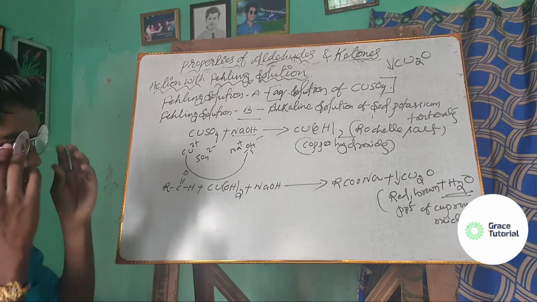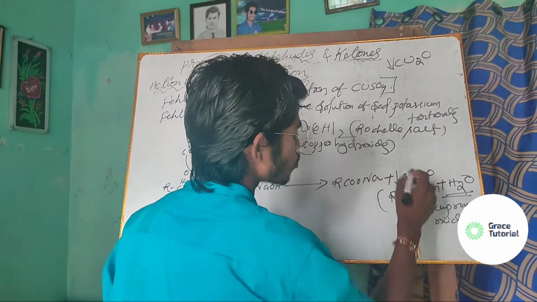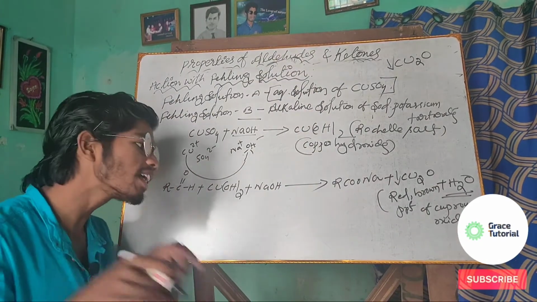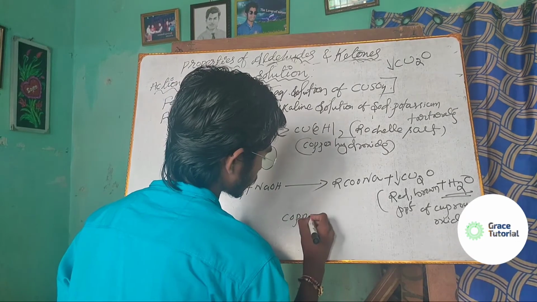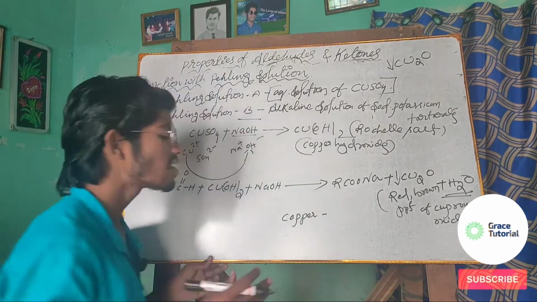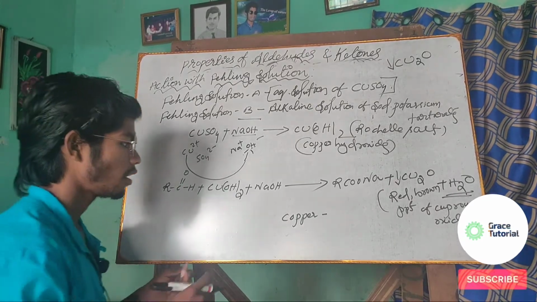Some of you might be thinking, what's the difference between cuprous oxide and cupric oxide? Remember, copper has variable valency, meaning it has more than one valency.